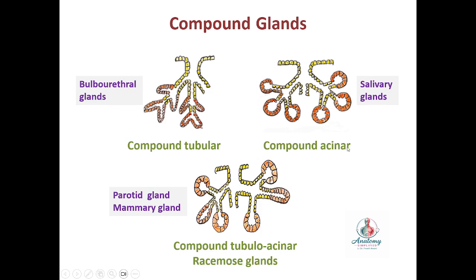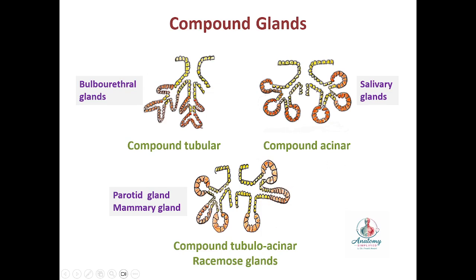Compound acinar gland, the second variety, is where there is branching of ducts and the globular, circular, rounded acini are also branching. It is seen in salivary glands, like submandibular gland and sublingual gland.